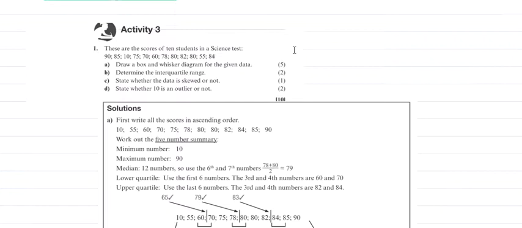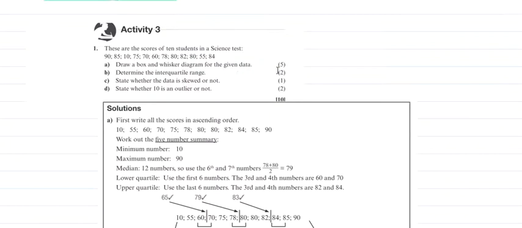So we need to note that our value for n, the count, is 10, which is an even number. This will play a part when calculating the 5-number summary. So our question is 1a, to draw the box and whisker diagram for the data.